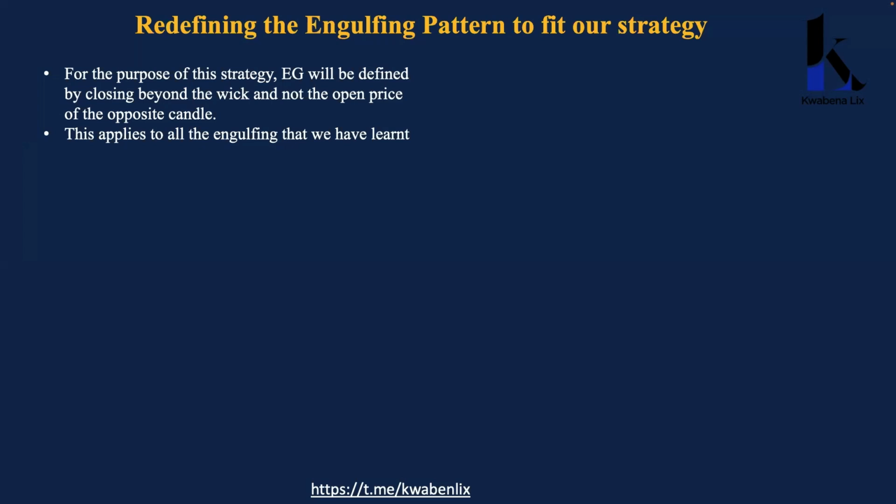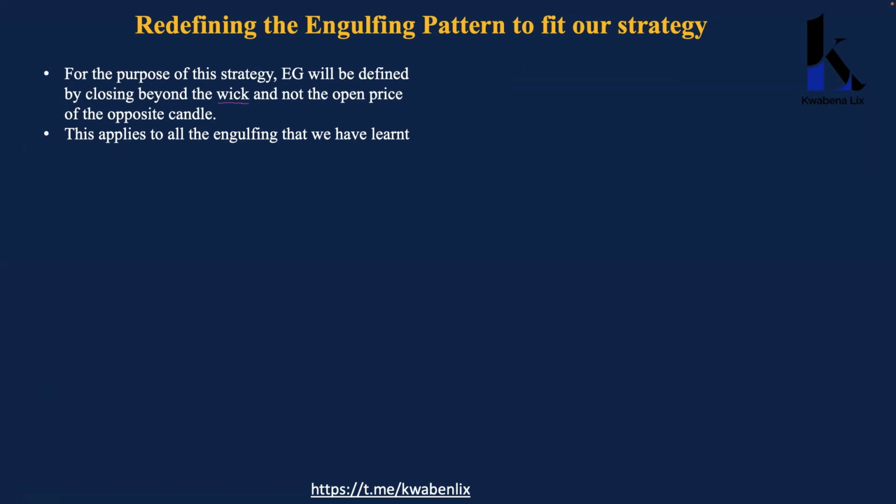So now, for the purpose of this strategy, engulfing will be defined by closing beyond the wick and not the open, right? So now the keyword that has been introduced is the wick, or the shadow, and not the open. So now instead of going above the open, we want to be tight so that this is really an engulfing.